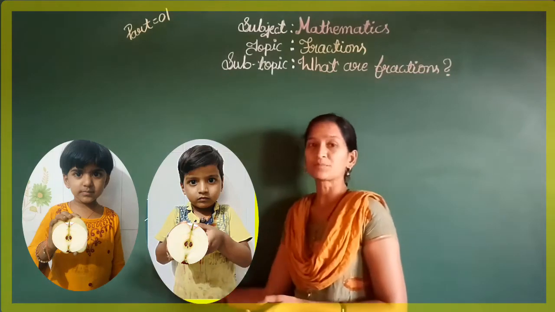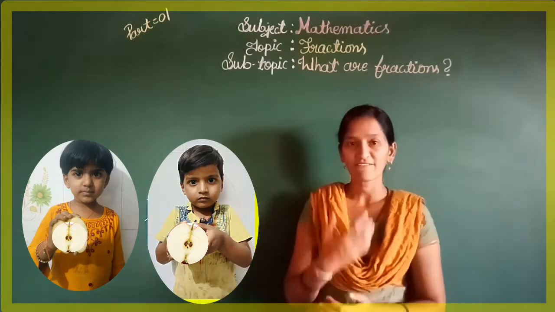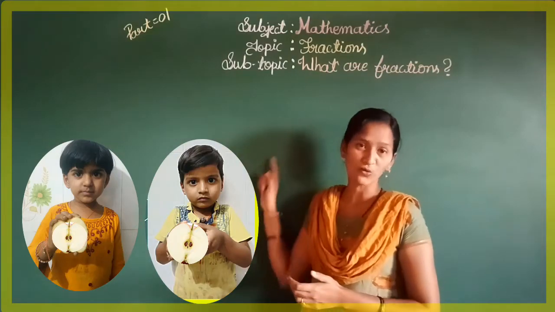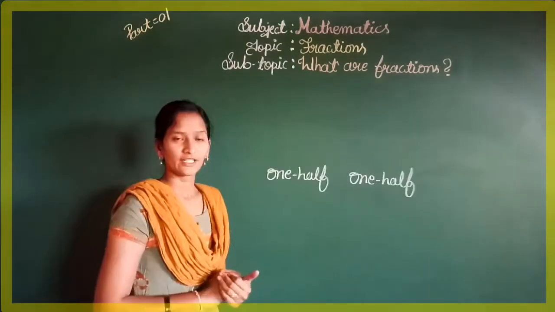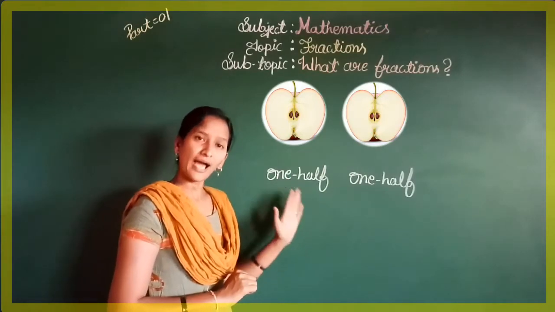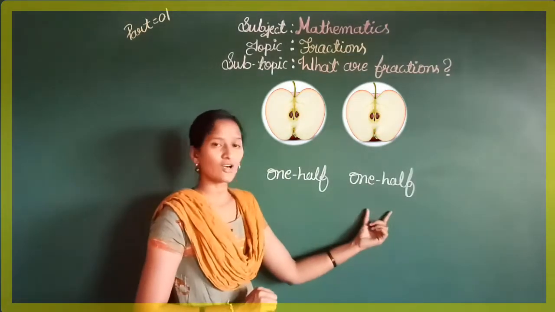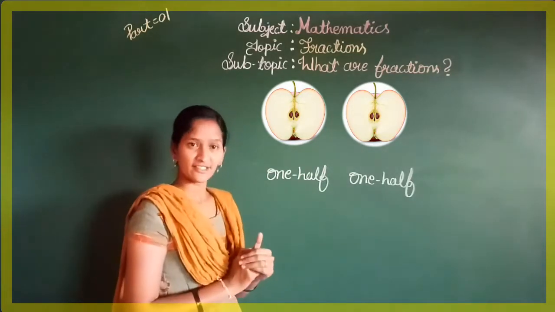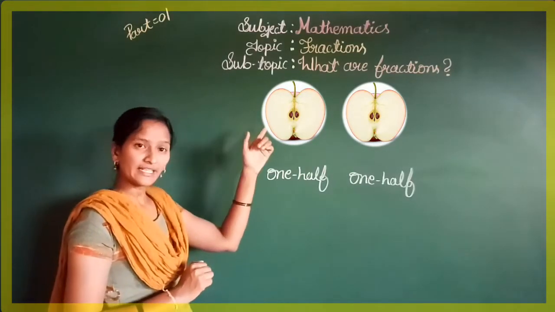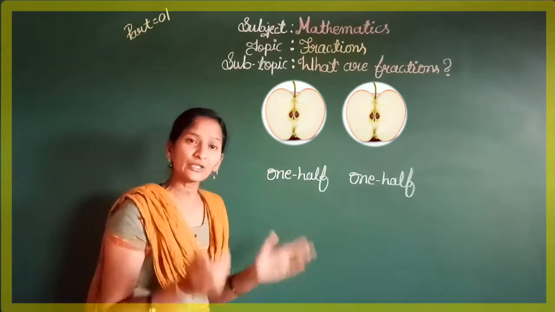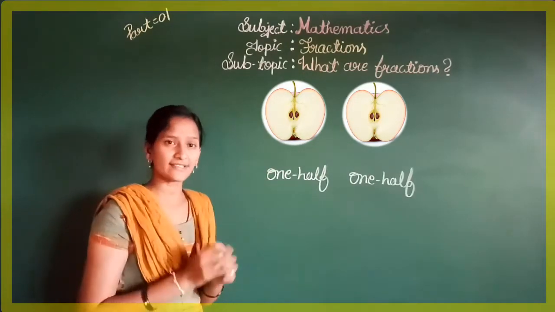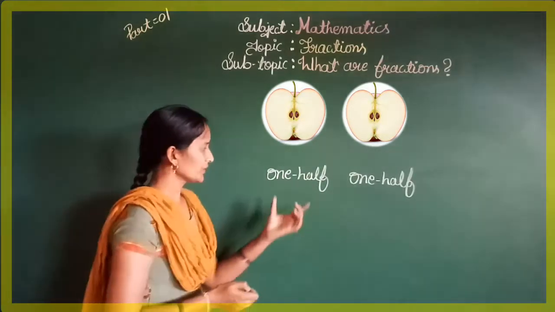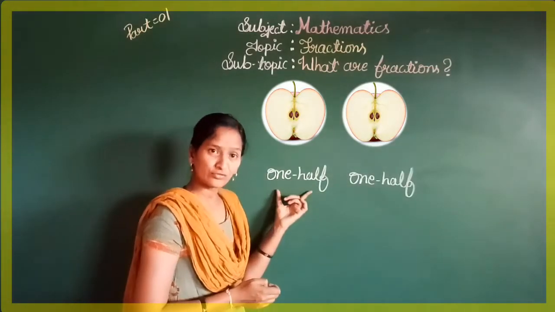So each part is called a fraction. It's just a part of a whole, right? It is one part of an apple, and here is also another half. Here are 2 parts, right? The one complete apple, we divided it into 2 equal parts, or halves, or pieces. So it is called one half.